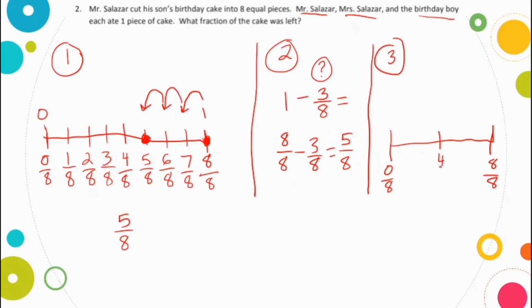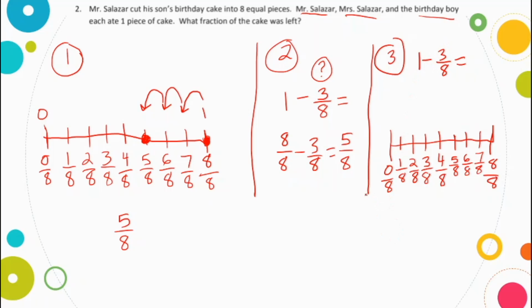That's 4 8ths. We've got 5 8ths, 6 8ths, 7 8ths, and then we have 1 8th, 2 8ths, 3 8ths. Now we have the same problem, 1 minus 3 8ths, and we're going to count up to see what we would have to add to 3/8 to get to 1.